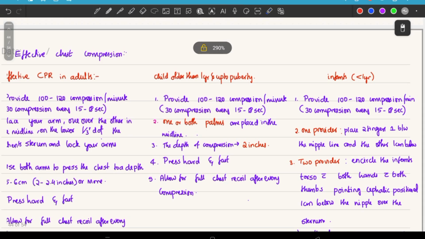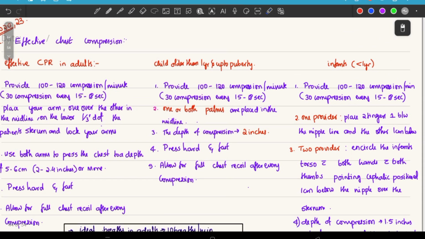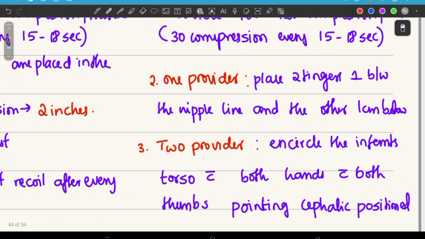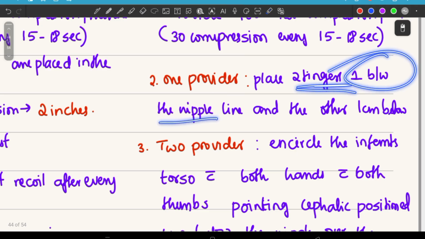Okay, but in infants, when two providers are not present, you can place two fingers, one between the nipple line and the other 1 centimeter below it. Okay, two fingers.